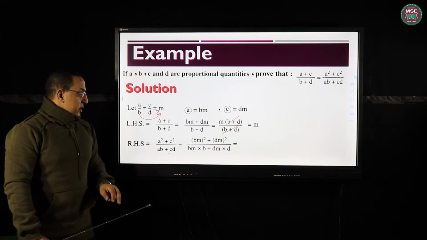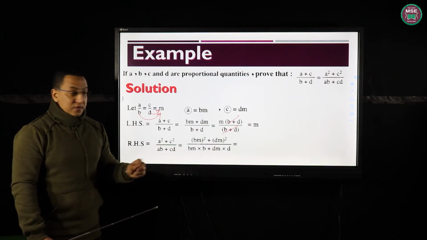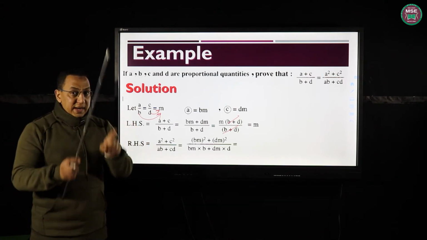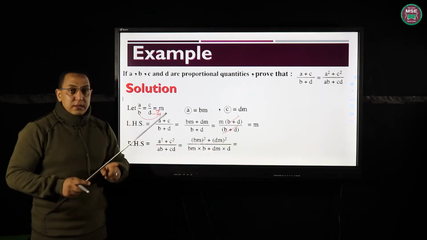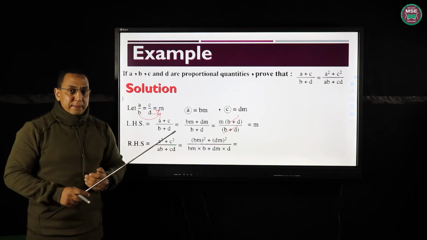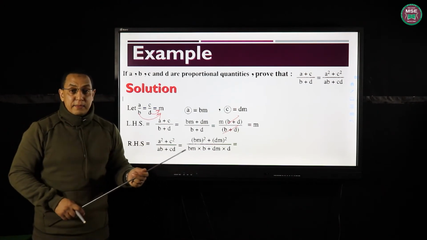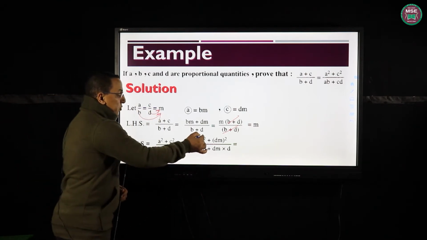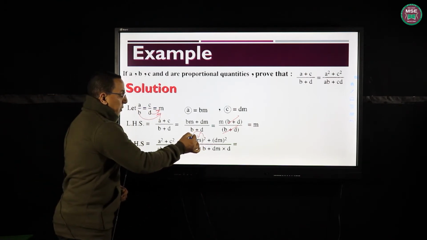Because I have a power of 2, I'm going to put bm between brackets and dm between brackets. The next step is to expand the brackets. How can I expand this bracket? I'm going to distribute the power.